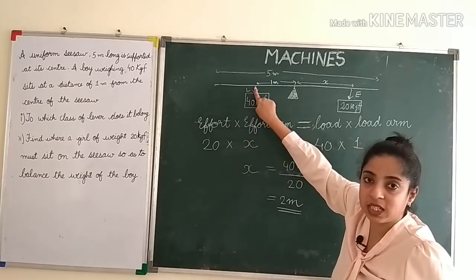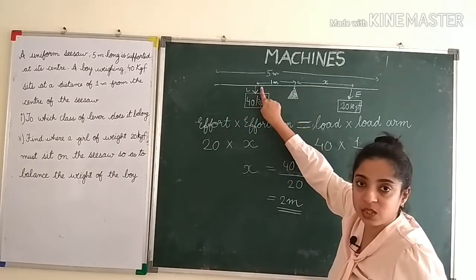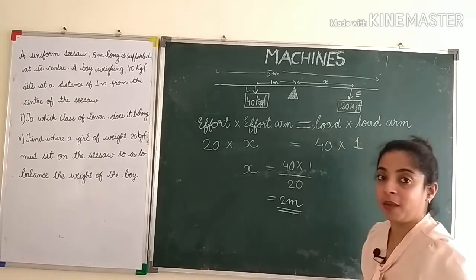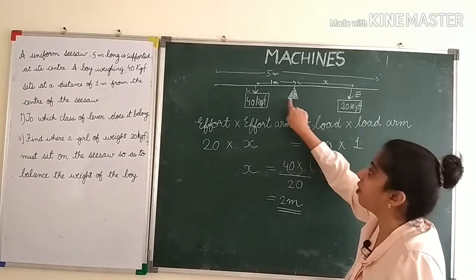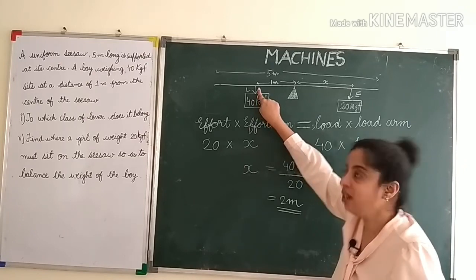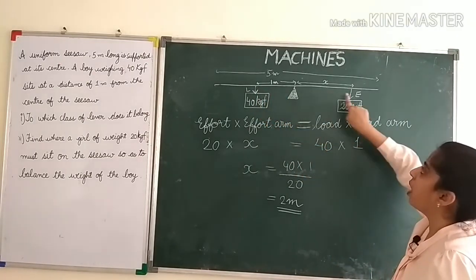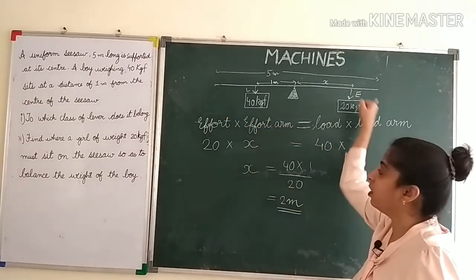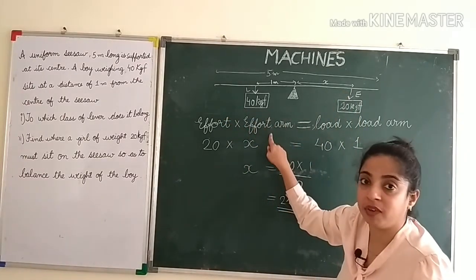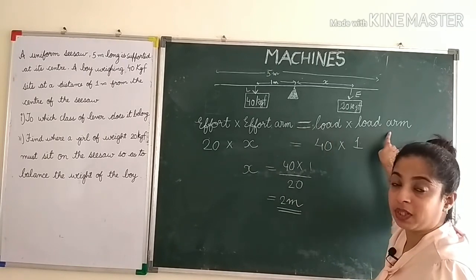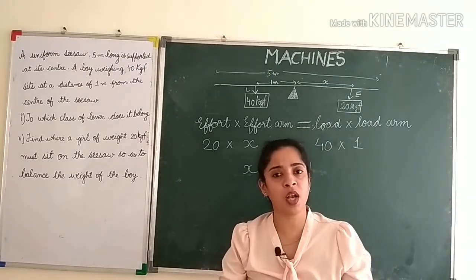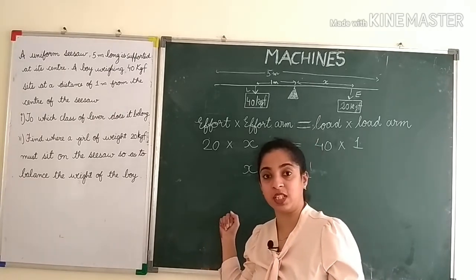They can give you the distance from here, or from here, any distance. What you have to calculate is the distance between fulcrum and load and the distance between fulcrum and effort from the question given. If you are able to write everything here, the effort, effort arm, load and load arm from the question itself, then you will be able to solve all types of problems that come from this part.